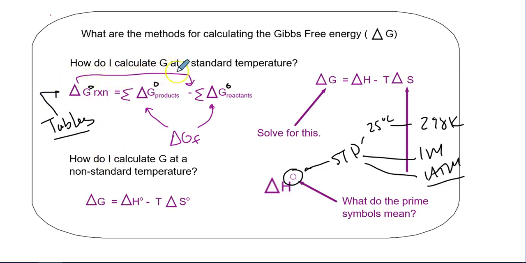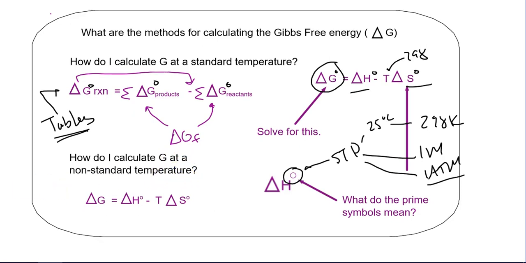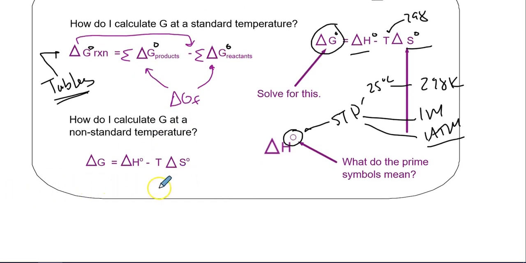So how do I calculate ΔG at standard conditions? Well, I can use the tables. Or I can put in 298 here, and if I have these values, I could solve for ΔG at STP. How would I get ΔG at a non-standard temperature? Typically, we would use this formula, and we put in a new temperature here.